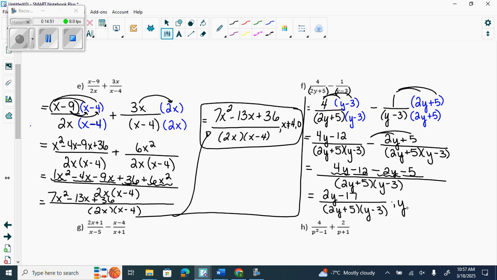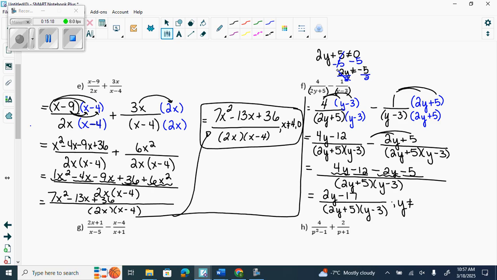y can't equal what, guys? Do you remember? We go up here. 2y plus 5, this is why we don't distribute them together. 2y plus 5 can't equal 0. I subtract my 5. 2y can't equal negative 5. Divide by 2.